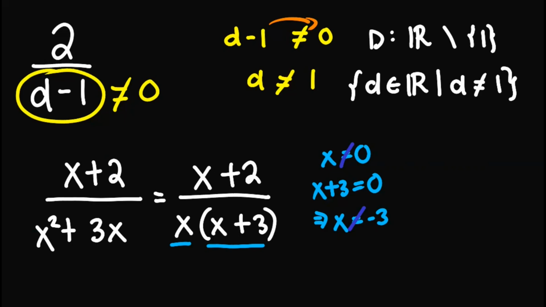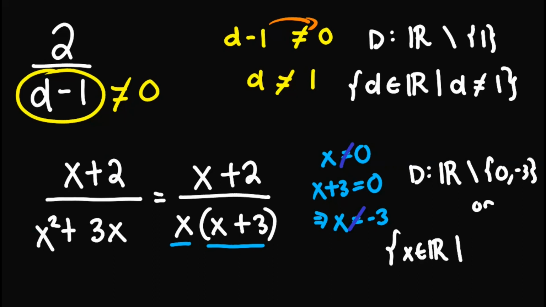So our domain is given by all real numbers except 0 and negative 3. Or we can write it as x in R such that x is not equal to 0 and negative 3.